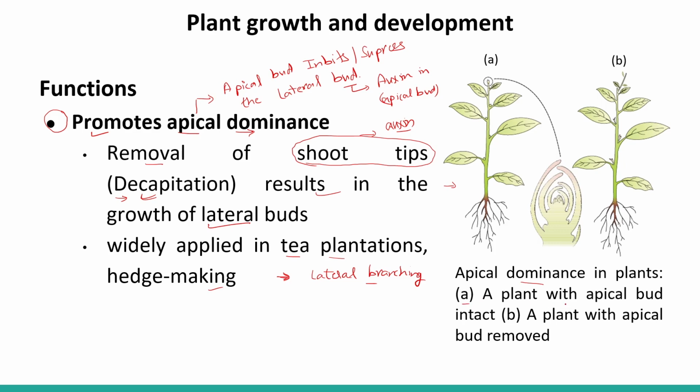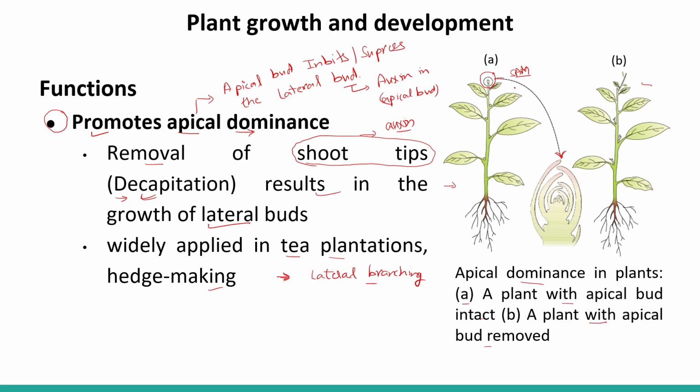In this figure you can see apical dominance in a plant. Figure A, a plant with the apical bud intact. This is the apical bud, and this is the apical bud enlarged, where you can also see the region of the shoot apical meristem. Now in figure B, a plant is shown with the apical bud removed.